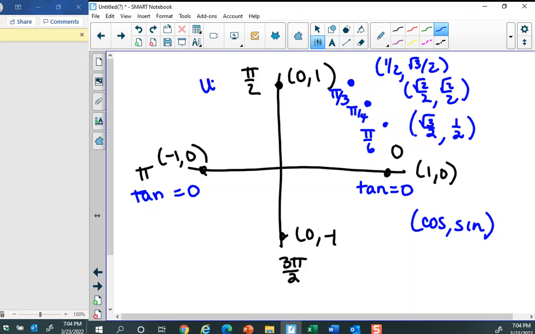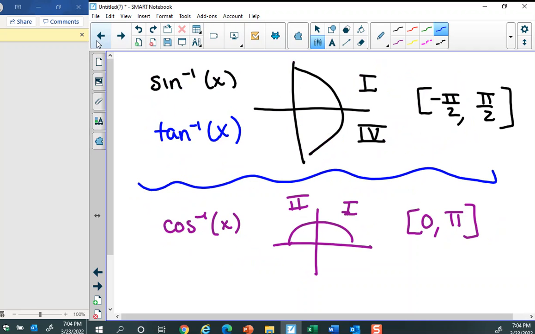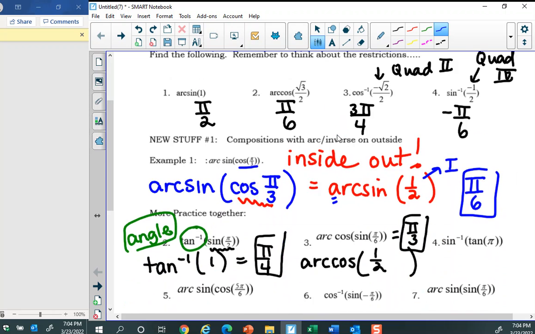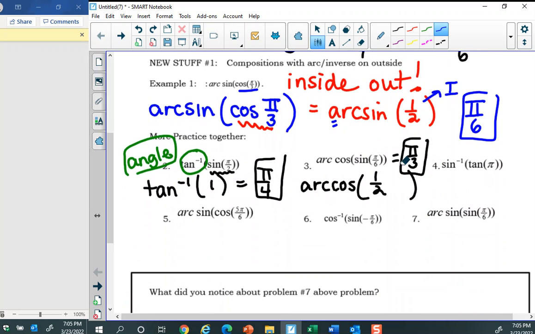At pi over 2 and 3 pi over 2, my tangents are undefined. So really there's only two tangents you kind of have to know for quadrantals, either the horizontals, where tangents are 0, or the verticals, where the tangent is undefined. So the tangent of pi is 0.